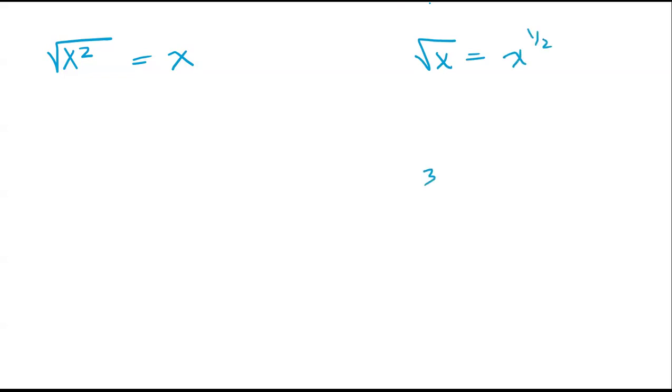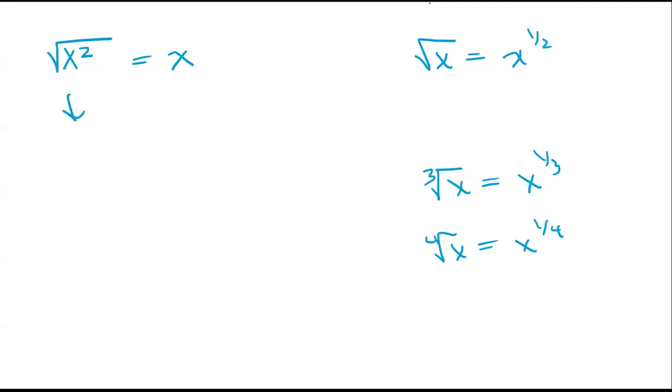If we have the cubic root of x, that would be x to the 1/3 power. If we have the fourth root of x, that would be x to the 1/4 power, and so on and so forth. So the square root of x is equal to x to the 1/2 power.